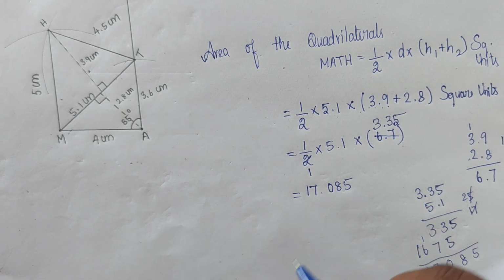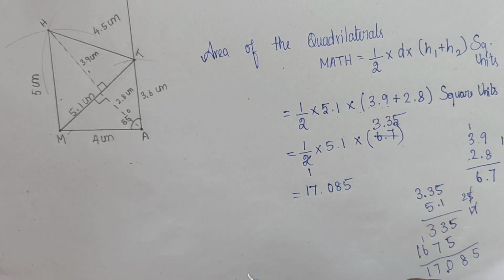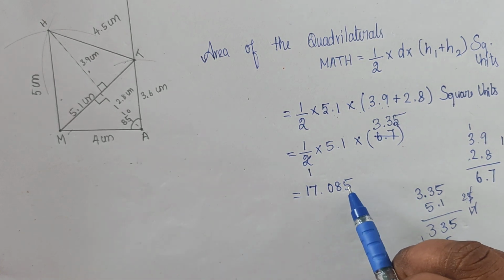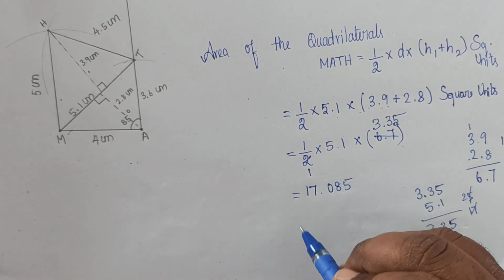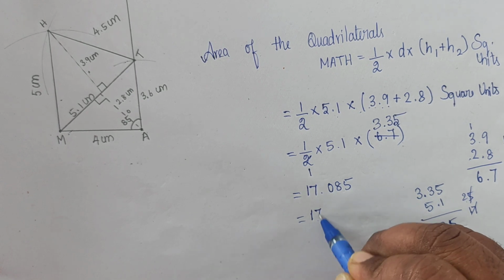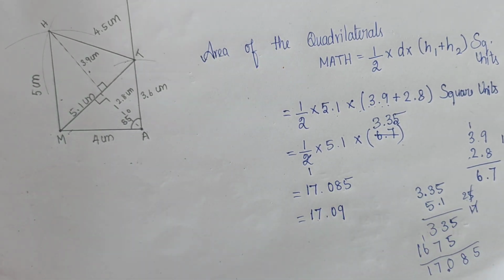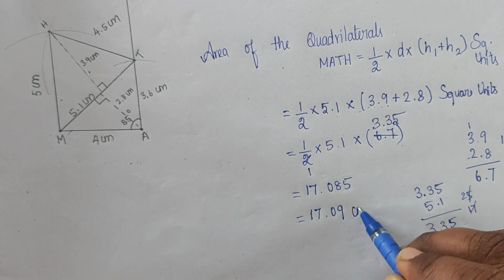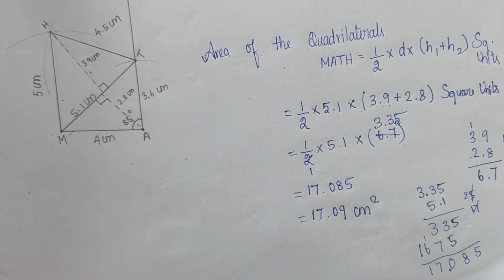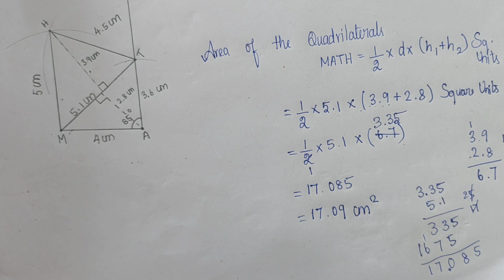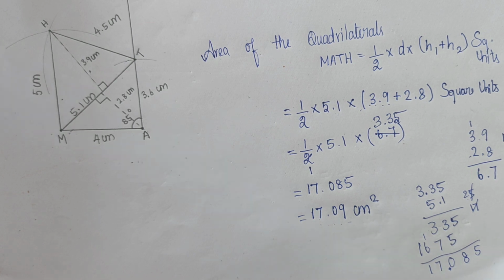The last digit 5 is 5 or bigger, so round off the number to 17.09. 17.09 centimeters square. So therefore the area of the quadrilateral is equal to 17.09 centimeters square. Okay student, can you understand?